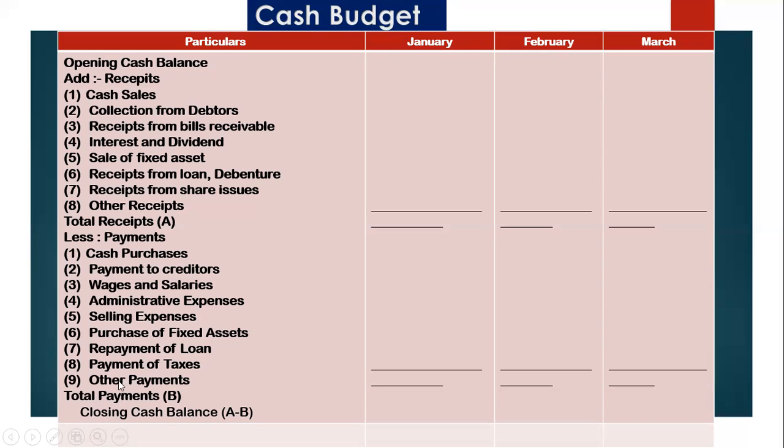These are deducted as payments, and then we will total the payments, which is indicated by B. For finding the closing cash balance, we will deduct B from A, meaning A minus B. Then we find the closing cash balance. Okay, so this is the proforma of a cash budget.